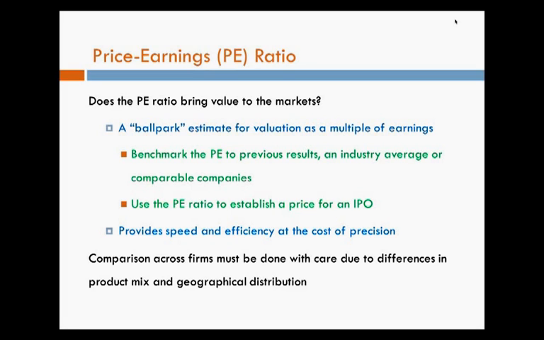So it could be done like the morning of to establish that price. And you kind of know the price, but when they do an IPO, the price is defined the morning of, and so you can wait for the very last minute. It provides speed and efficiency traded off with precision. So, in the market, speed and efficiency wins. You want to be the first to know something.